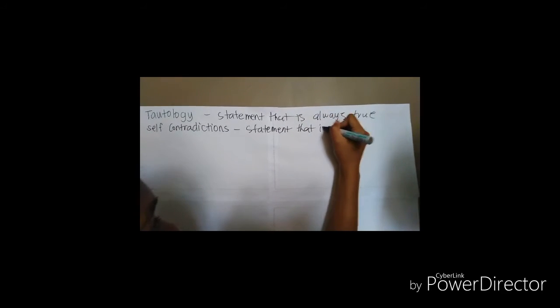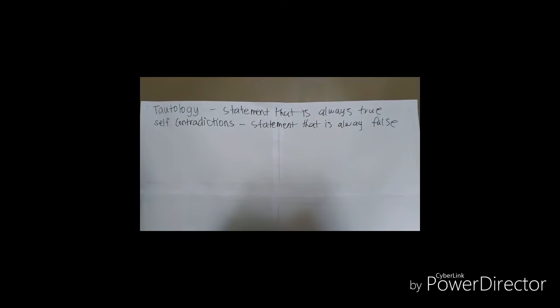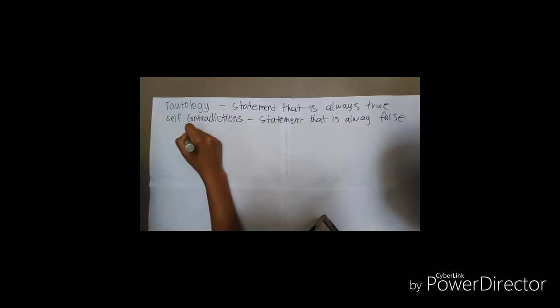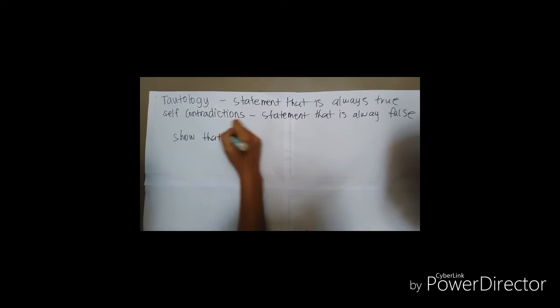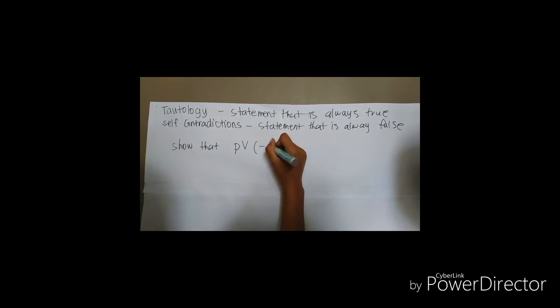Always remember that a tautology is true and a self-contradiction is false. Let's give some examples. Show that P or not P or Q is a tautology.